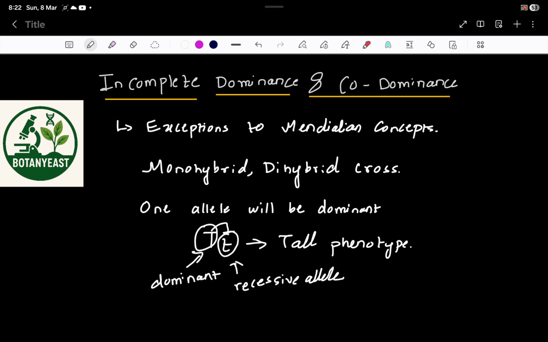But in some cases, this dominance does not work. So, what happens in this case? Let's start.